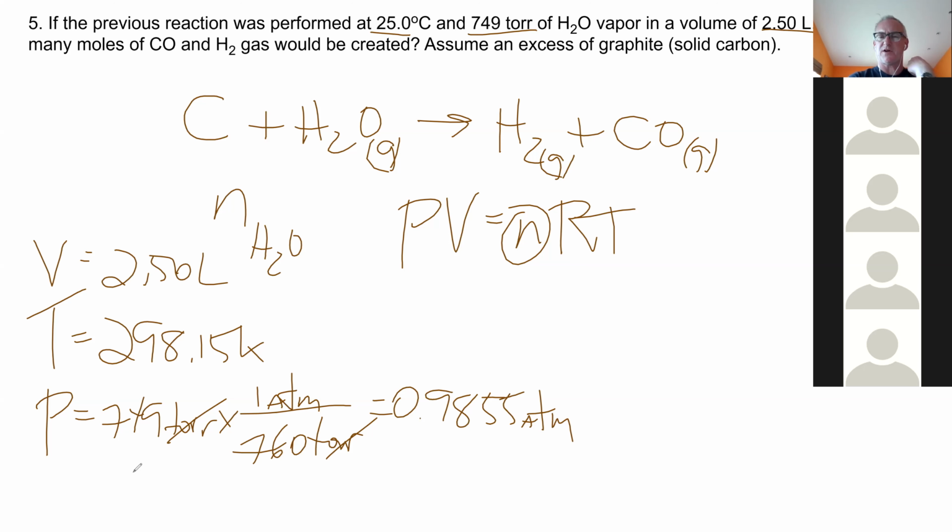But since I want to solve for n, how am I going to rearrange my gas law? Just divide both sides by RT. And n equals PV divided by RT. Let's just plug those in then.